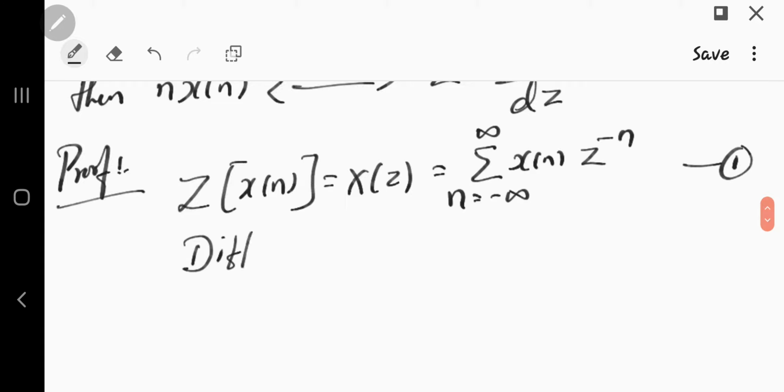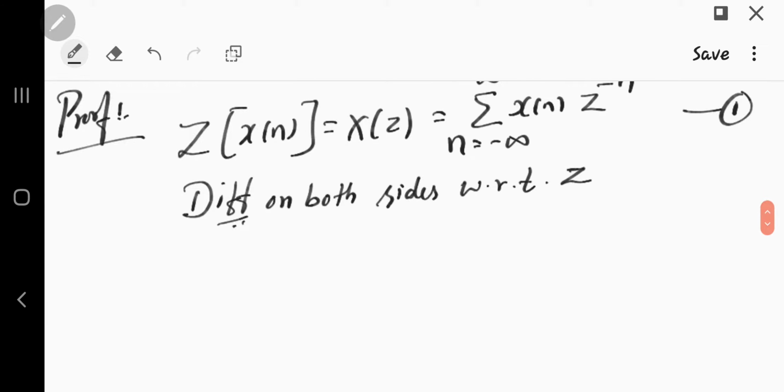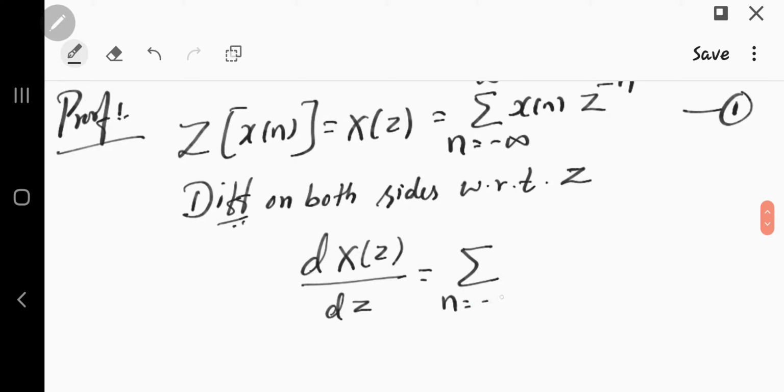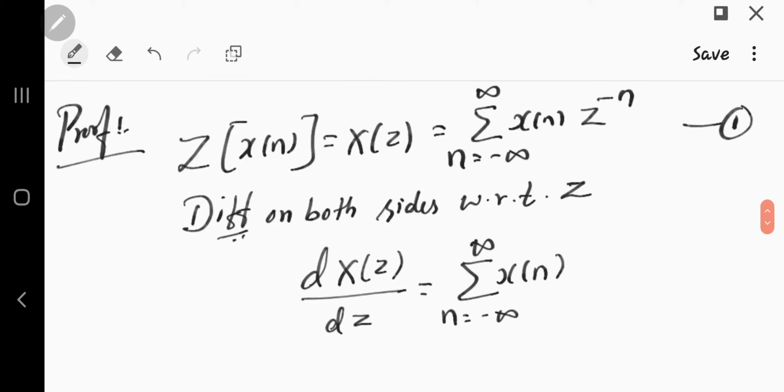Now differentiating on both sides with respect to z, we will get differentiation of x of z with respect to z is equal to, so this summation will remain n is equal to minus infinity to plus infinity x of n. Now z to the power of minus n, if you differentiate that, you will get minus n z to the power of minus n minus 1.